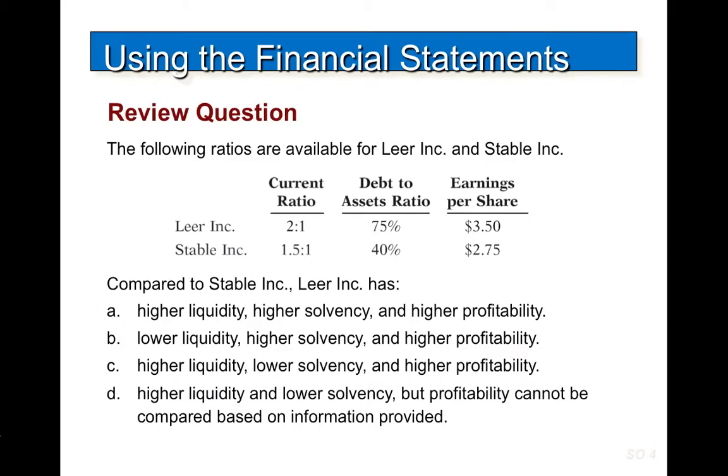Here's a review question for you. The following ratios are available for Lear Incorporated and Stable Incorporated. It has their current ratio, their debt to assets ratio, and earnings per share. Using what we have talked about in the PowerPoint, come up with what you think is the right answer.